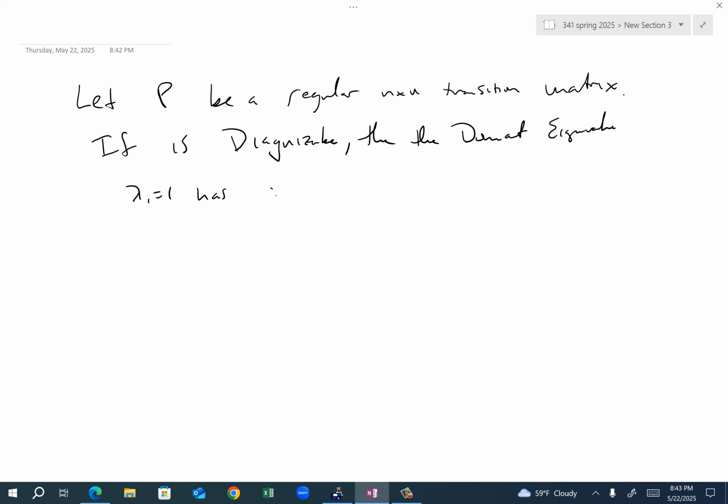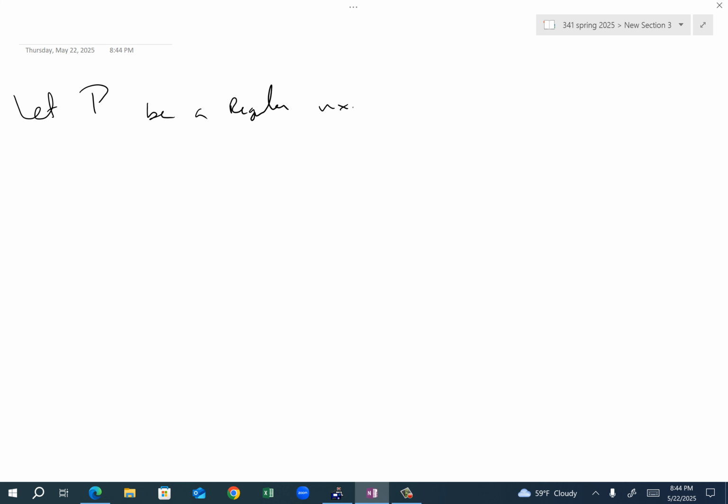Let P be a regular n by n transition matrix.